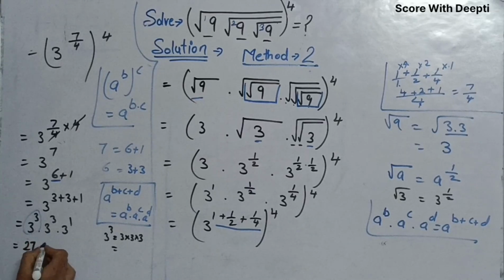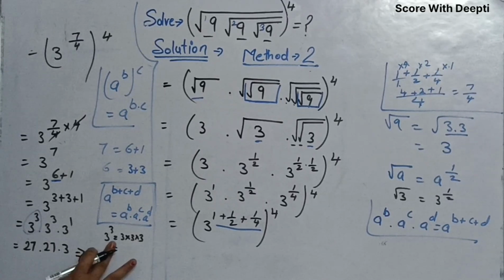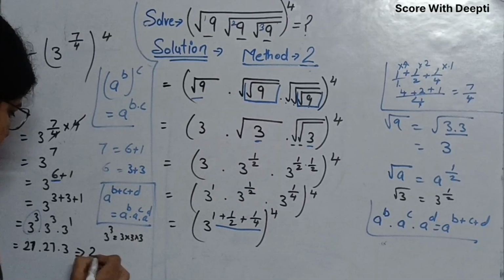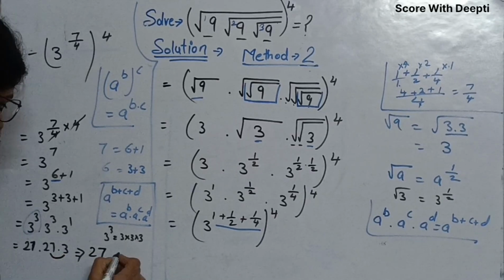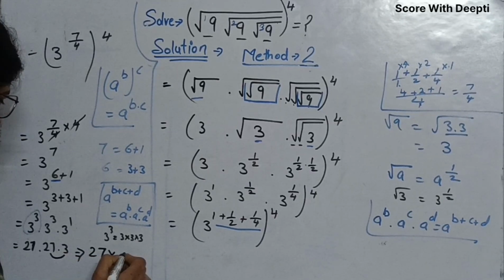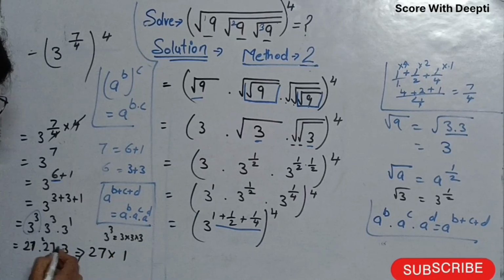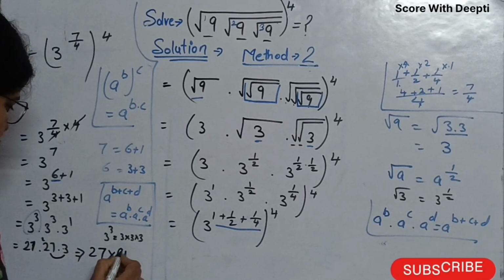Next multiply these and we get 27 as it is. Next multiply 27 with 3: 3 sevens are 21, 2 here, 3 twos are 6 or 2, 8.